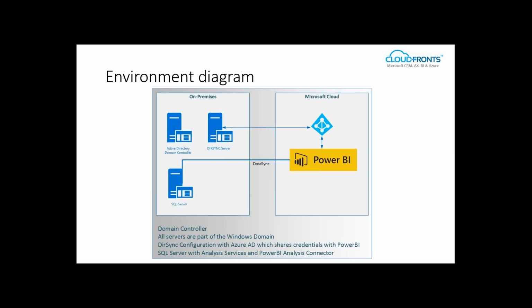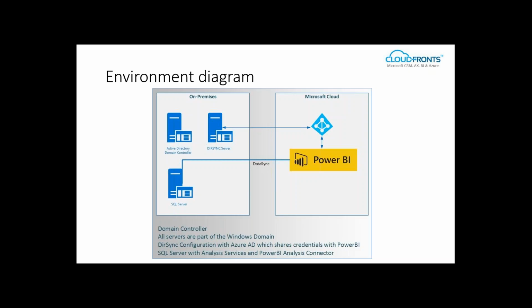Thirdly, we have the SQL Server database installed, and we have installed SQL Server Analysis Services on the same box, as well as the Power BI Analysis Services connector. The requirement is that we set up all these servers in a single domain.